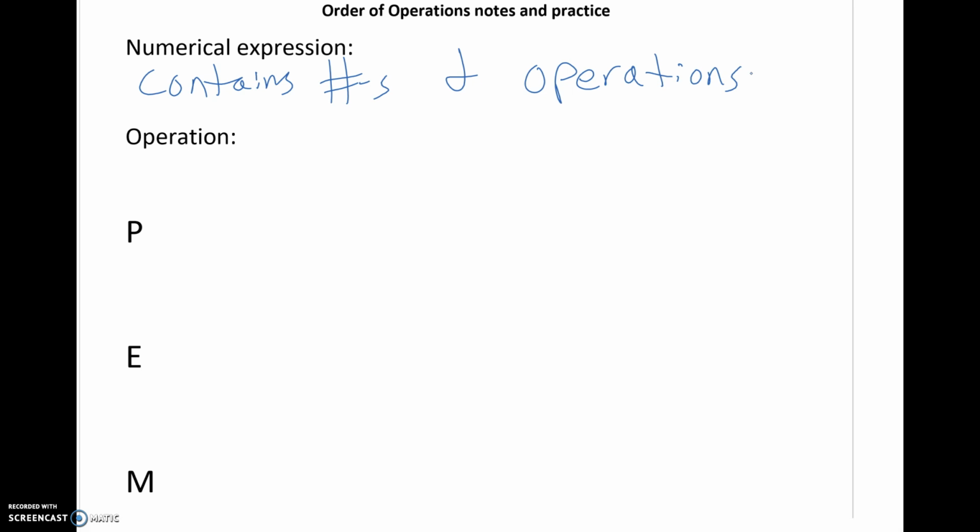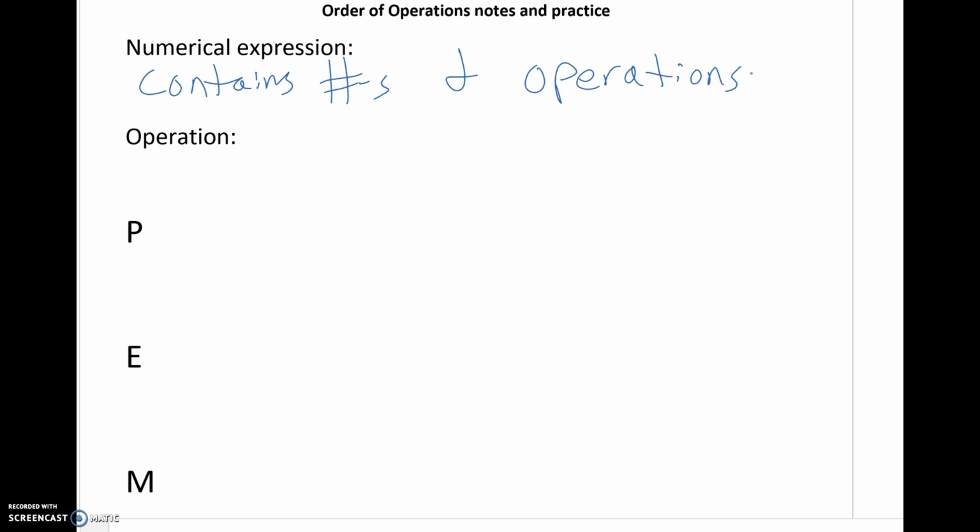It contains numbers and it contains operations. So a numerical expression does not contain an equal sign. That's called an equation. So a numerical expression is just numbers and operations.